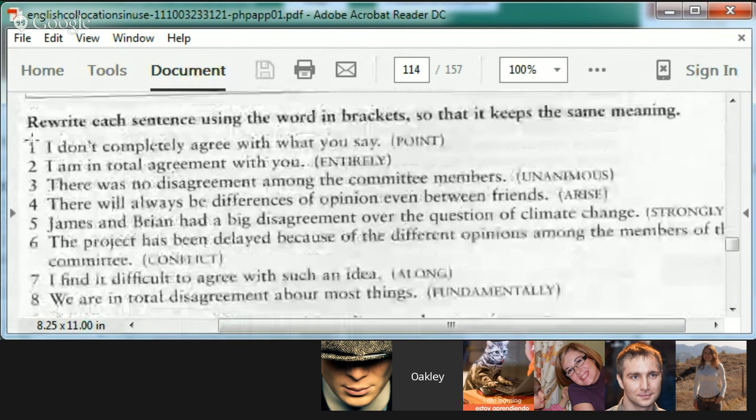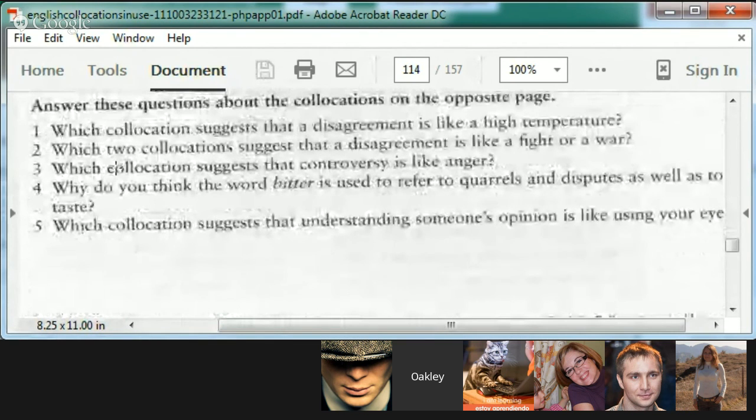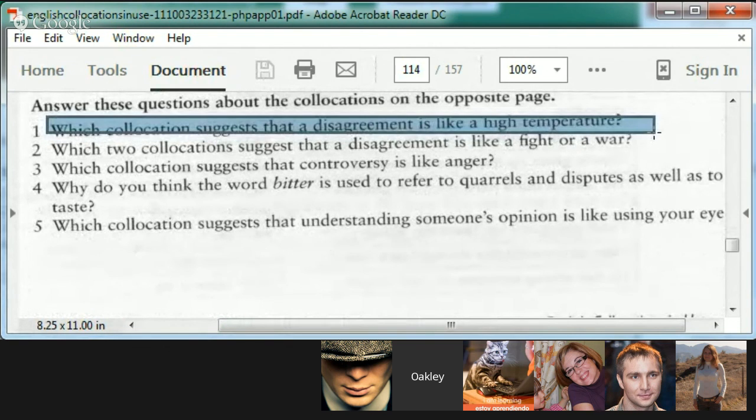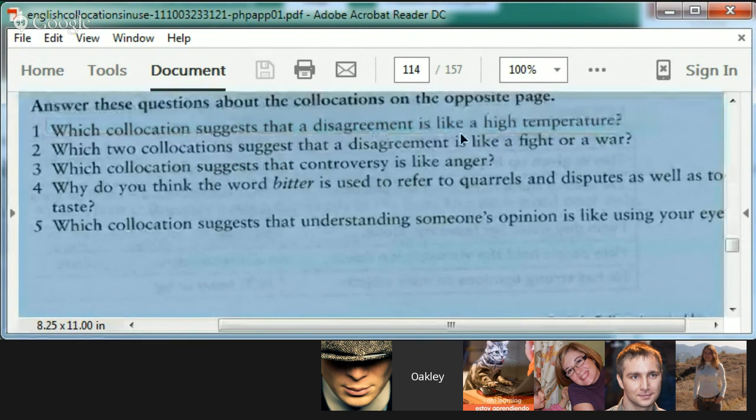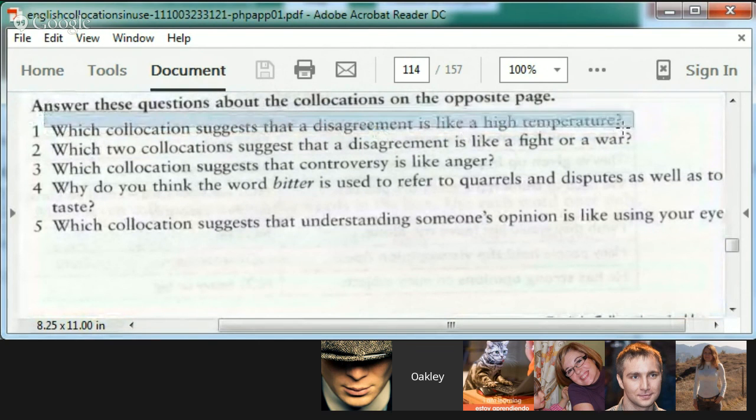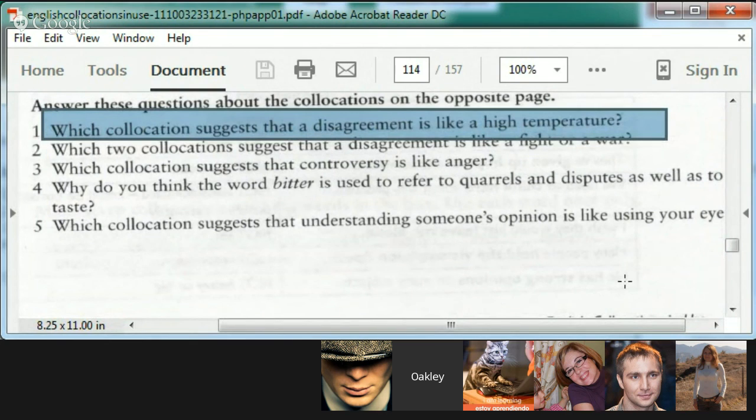Okay, let's look at a couple of the last things here. All right. Anna, do you remember which collocation suggests that a disagreement is like a high temperature? Maybe heated argument, right.